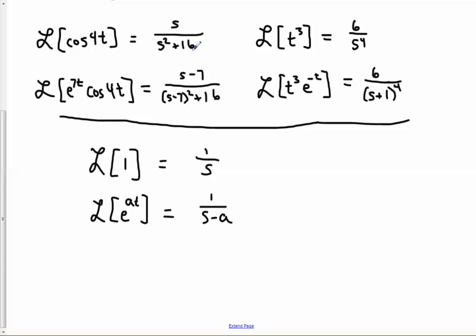Well, it turns out we could have gotten the second one from the first one, because e to the at is really e to the at times 1. The shift rule would say that the Laplace transform should just be a shift of 1's Laplace transform. And you see it is exactly that. So these two rules match what the S-shift rule suggests the answer should be.